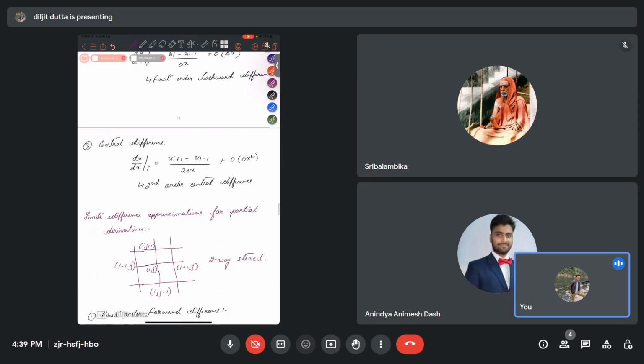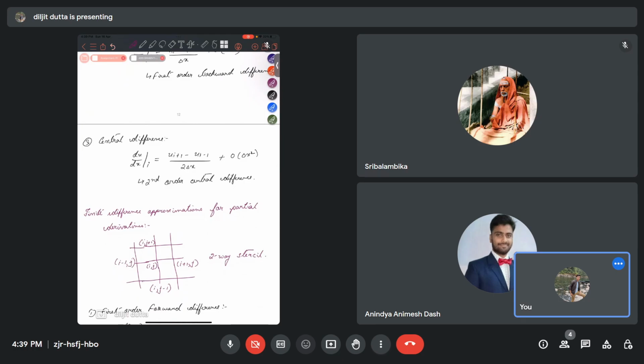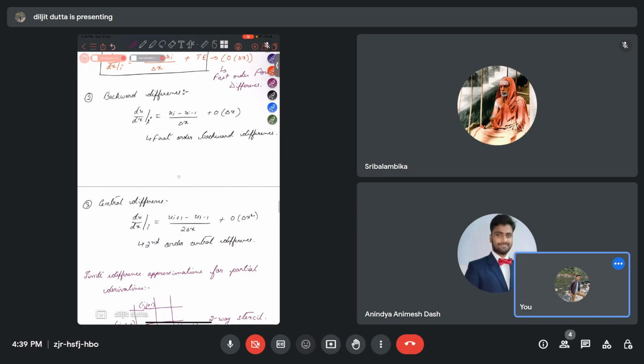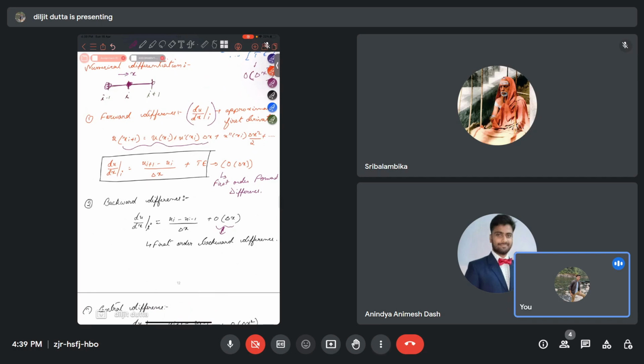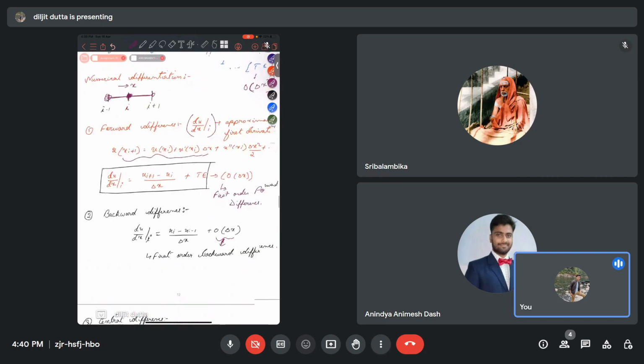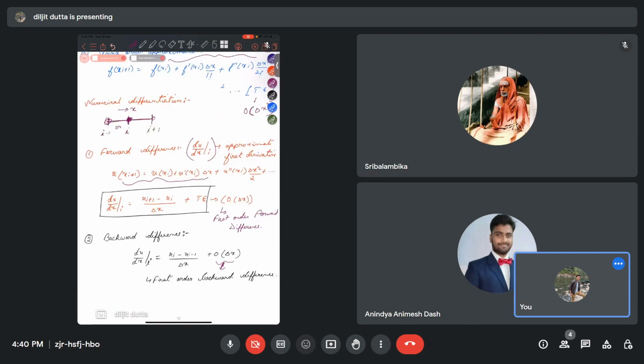And third up is the central difference. It is first order because the error is of order of delta x. And the third central difference is we take the values at i plus 1 and i minus 1, and the separation between them is 2 delta x.